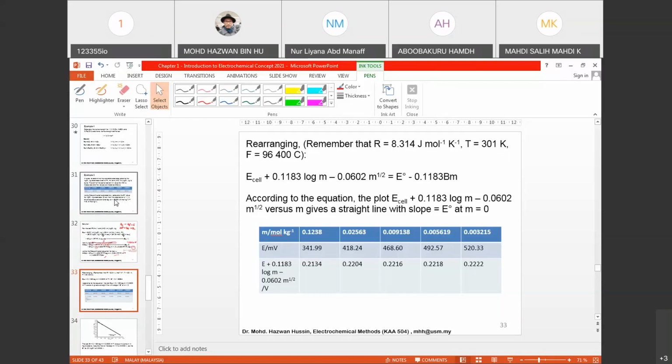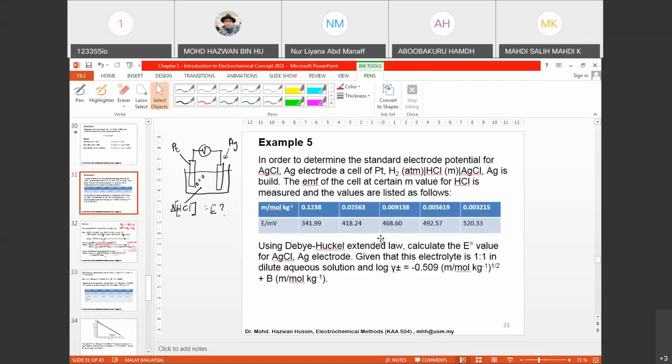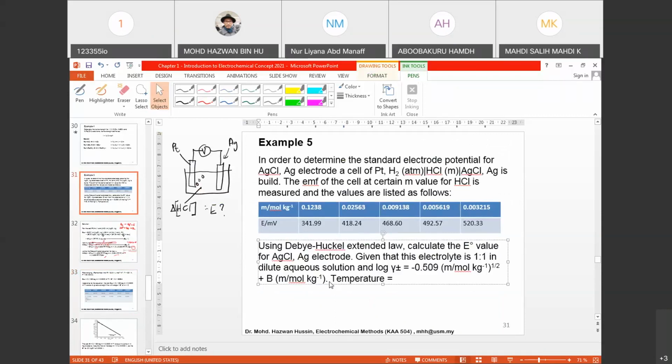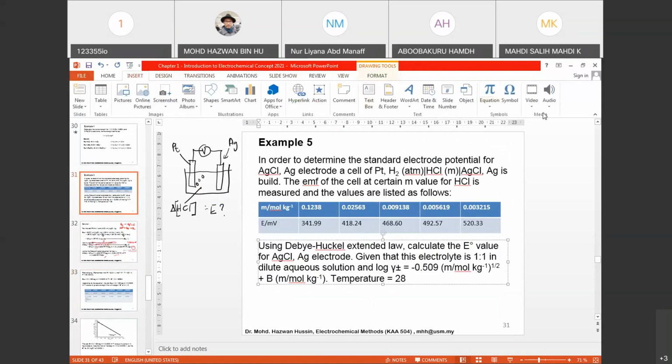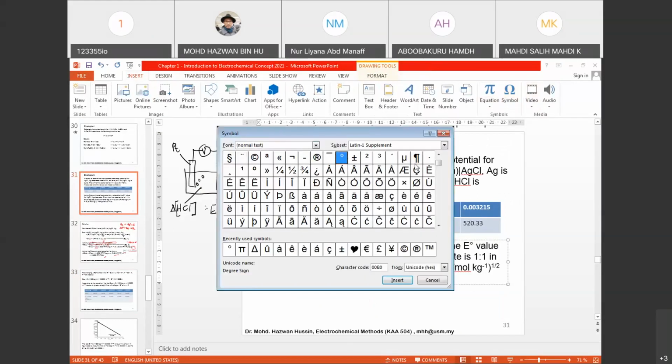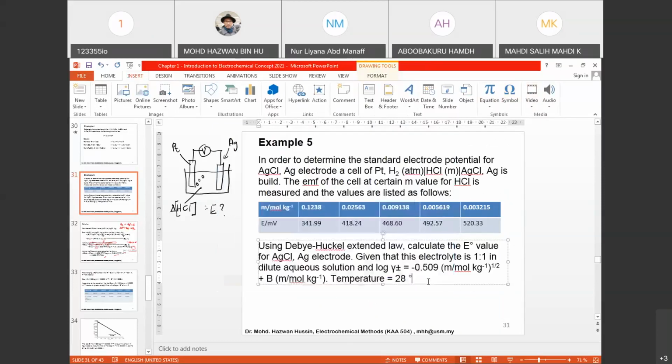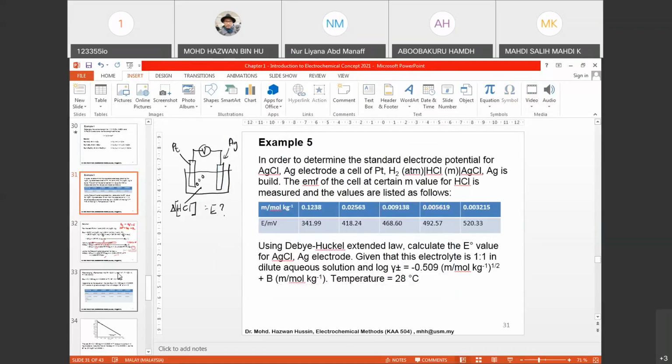I think in this case, the temperature mentioned should be 28 degrees C. Don't worry, the working condition in each question will be mentioned.